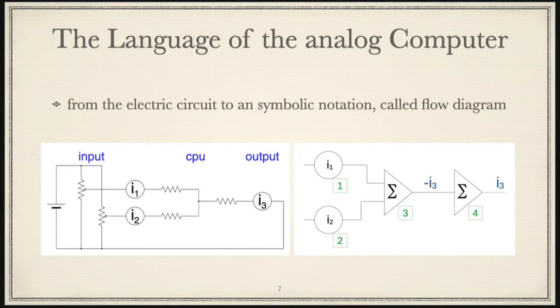I1 plus I2 is, that's a technical detail, minus I3, we invert the sign with a symbol, an inverter, designated as a summer. So we have I3. The language of programming are the symbols.